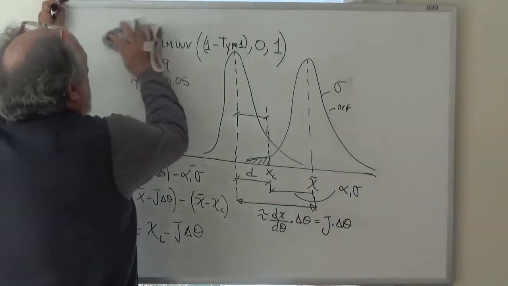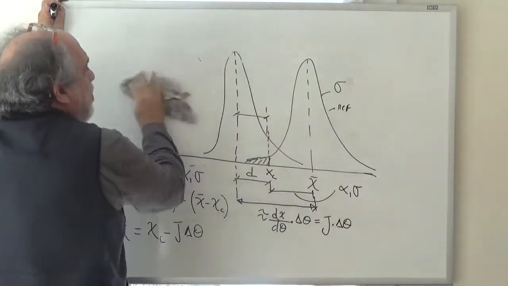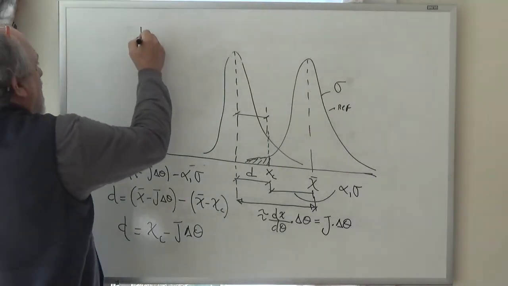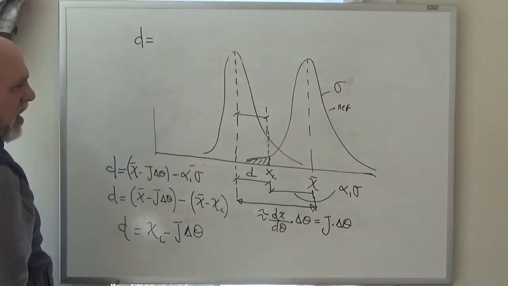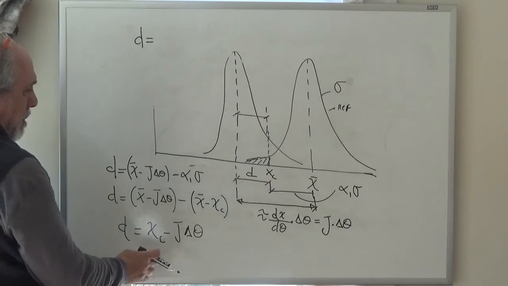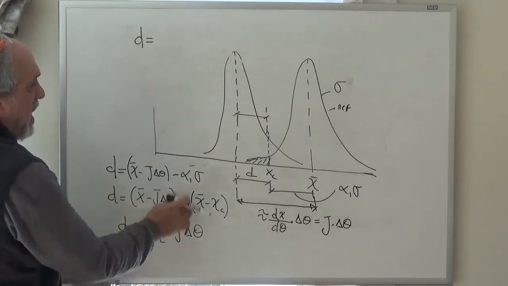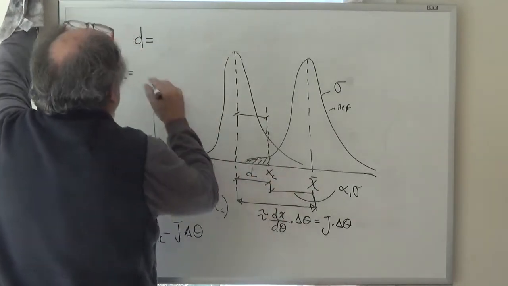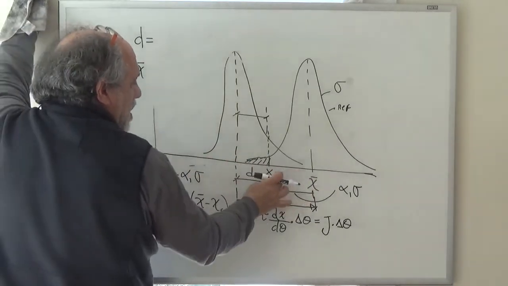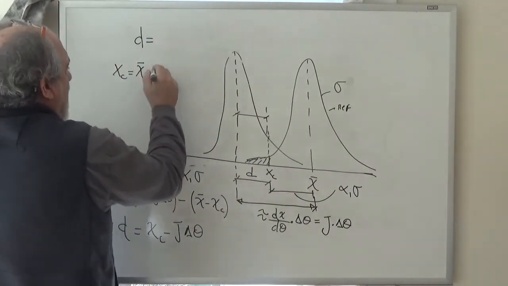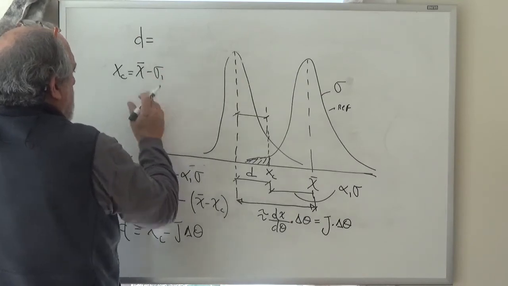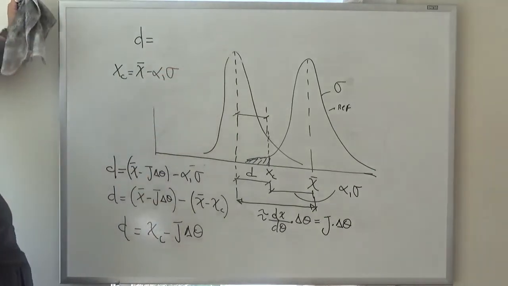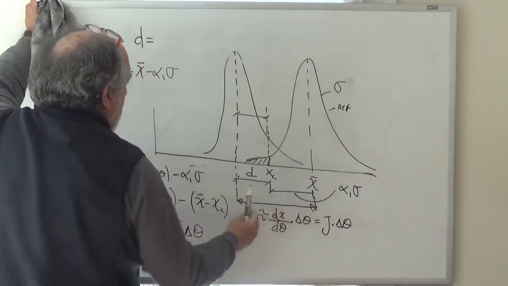Okay, let me erase here, so I can have some room to write it somewhere. So d, again, is xc minus j delta theta, but we can write xc as what? xc is equal to x bar minus alpha 1 sigma, right? xc is x bar minus alpha 1 sigma.